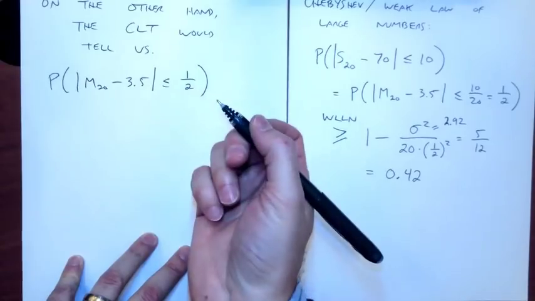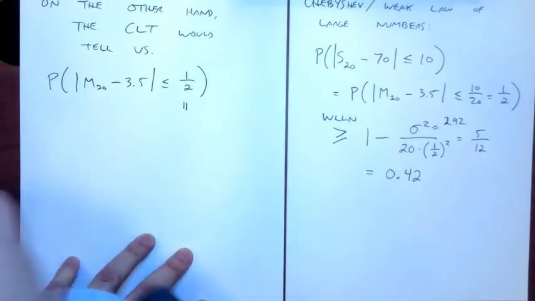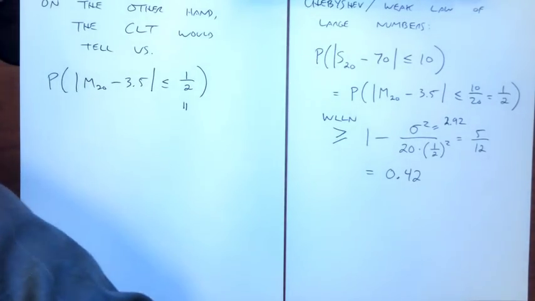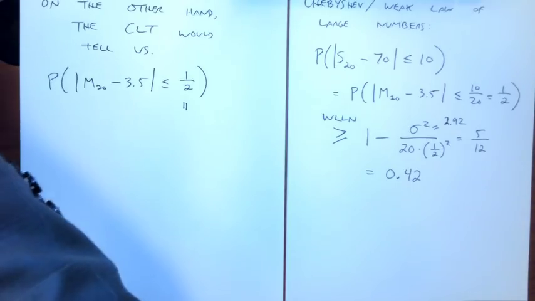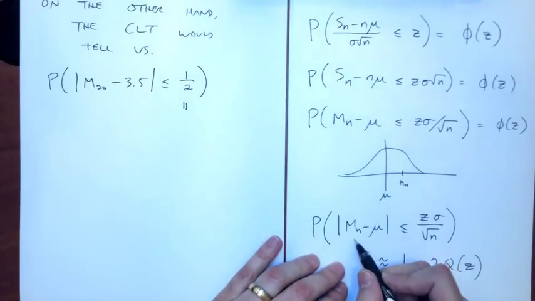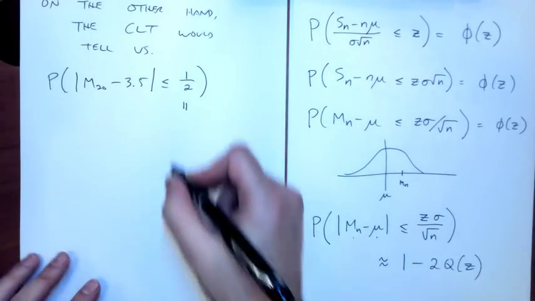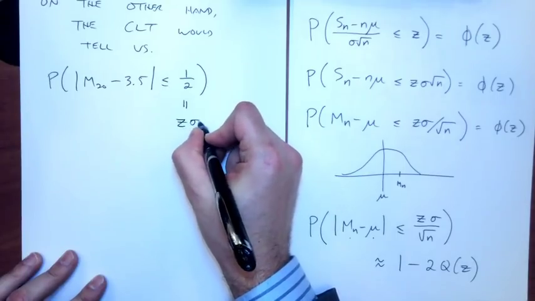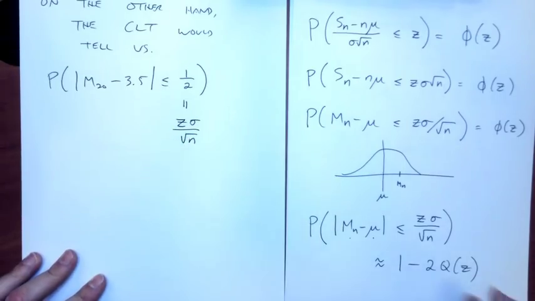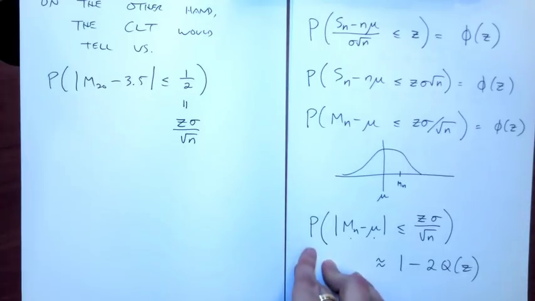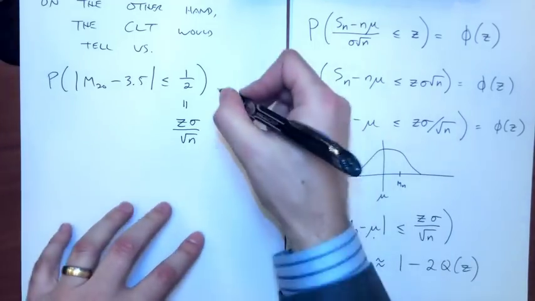So now I would have to go back and look at the key thing, which is, I've got the Mn, the mu is here, and now I have to, again, solve for what is z. This has got to be my z sigma over square root of n. So what is unknown? The unknown part is z, right?